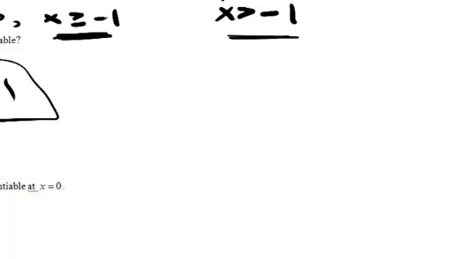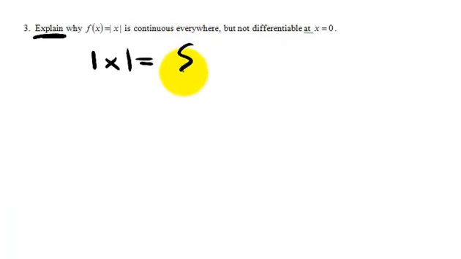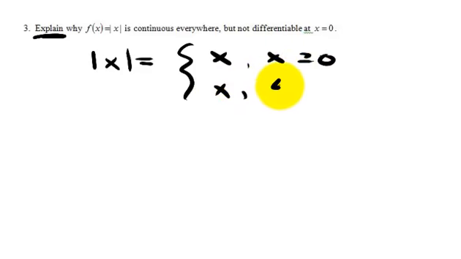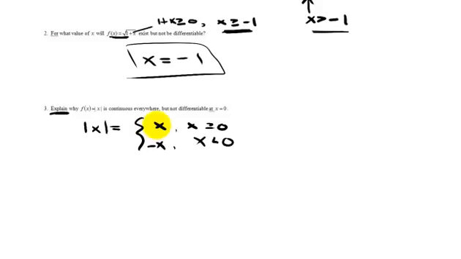Now, we can actually define the absolute value of x as this. Okay, that's what this is. Both of these are polynomial terms, so they're continuous everywhere. But why are we not differentiable?